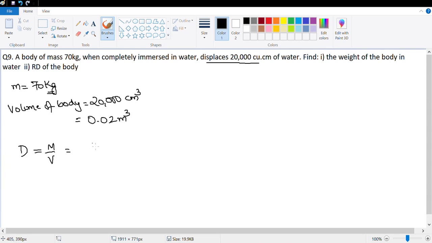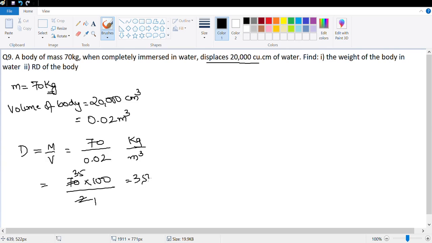Mass is given as 70 and this is 0.02 and the unit would be kilogram per meter cube. Let me remove the decimal. So this would be 70 multiplied with 100 and the denominator becomes 2. So this is 2 into 1 and this is 2 into 35. So this is 3500 kilogram per meter cube.